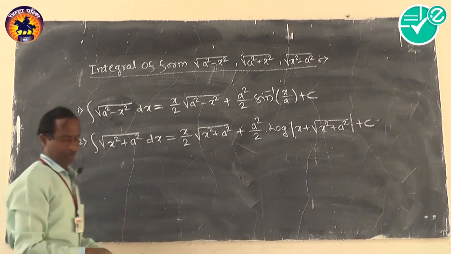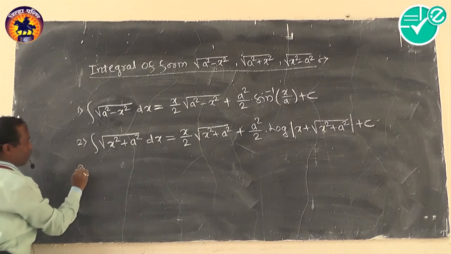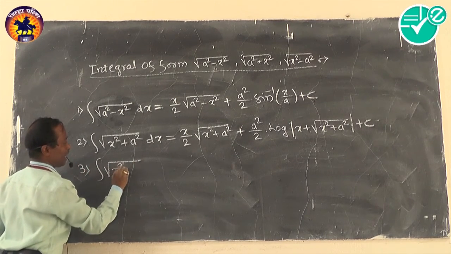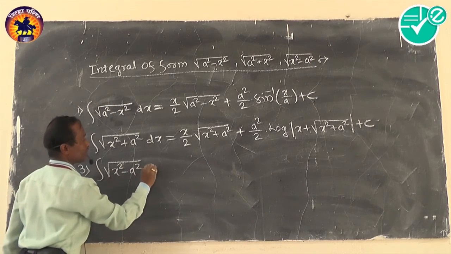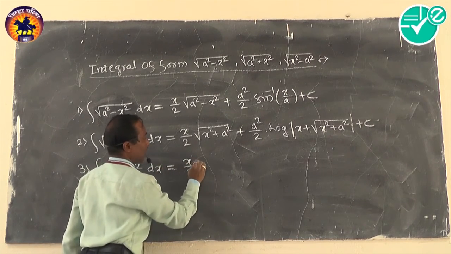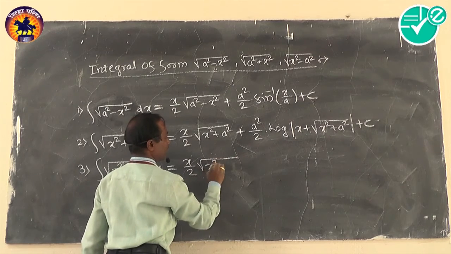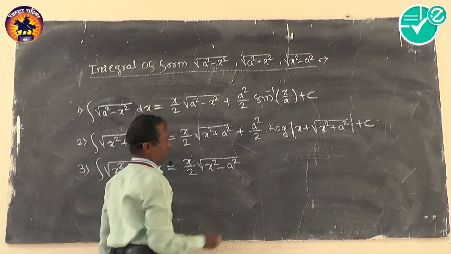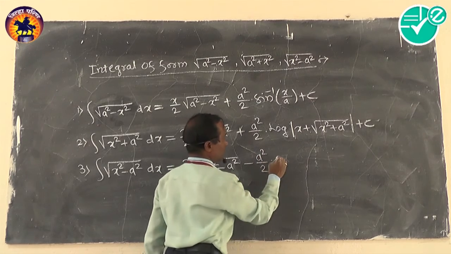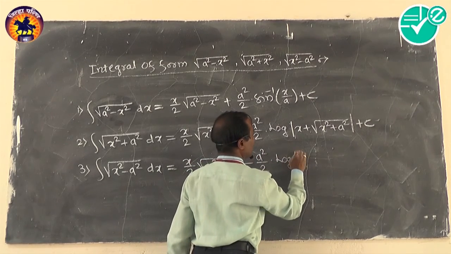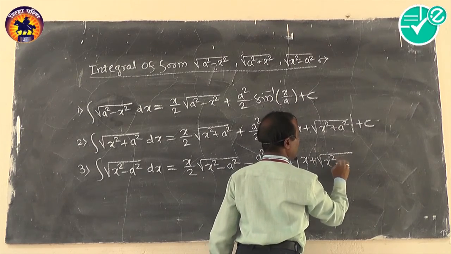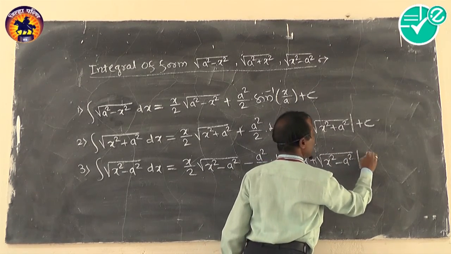And third one, integral of root x square minus a square dx is equal to x by 2 into under root x square minus a square minus a square by 2 into log of (x plus under root x square minus a square) plus c.